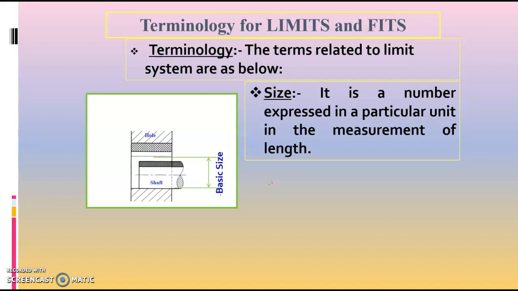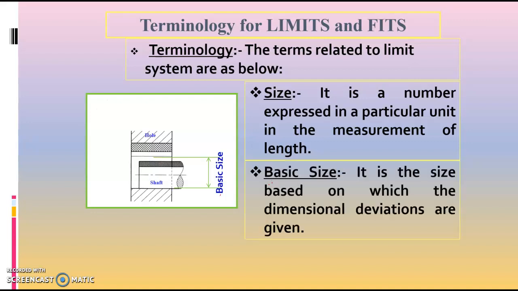In the terminology, first we will start with size. Simply, what is a size? Size is a number expressed in a particular unit in a measurement of length. But in limits and fits, we start with the basic size.